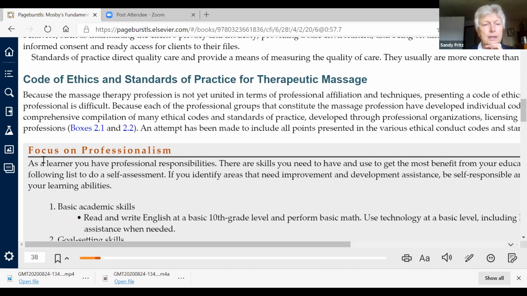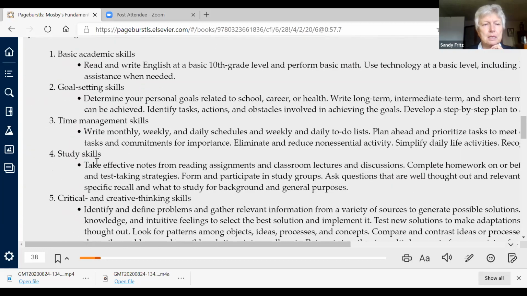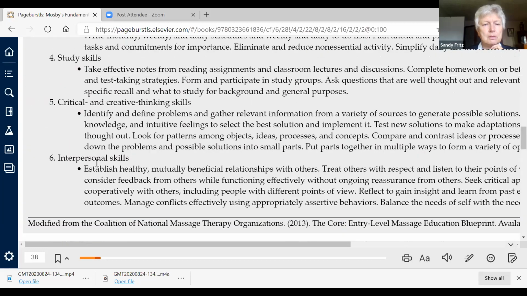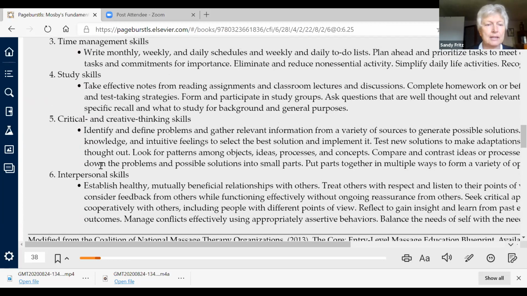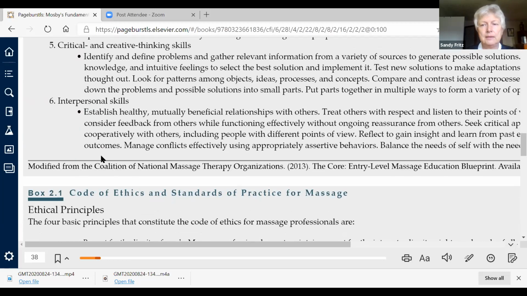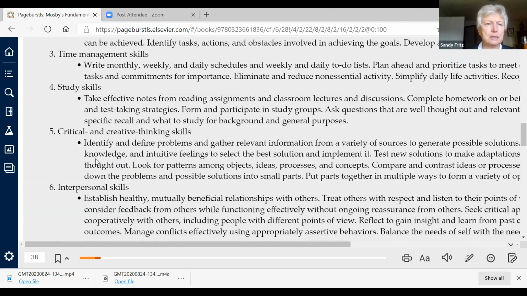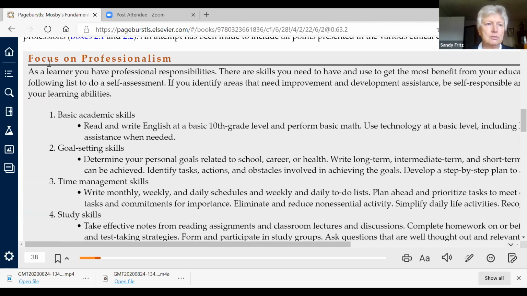Now, I want to stop and spend a minute on this focus on professionalism, which is actually from the entry-level analysis project, and it is talking about the professional responsibilities you have as a student.